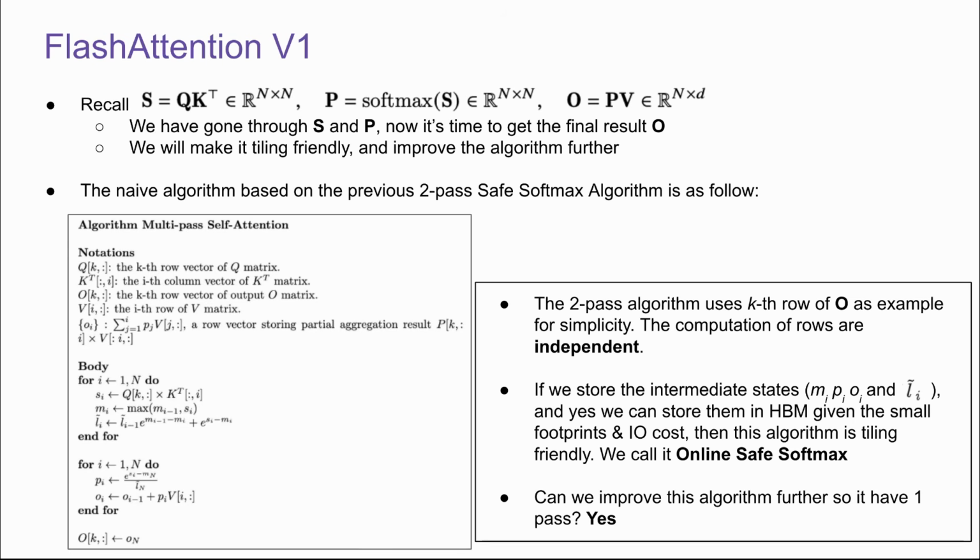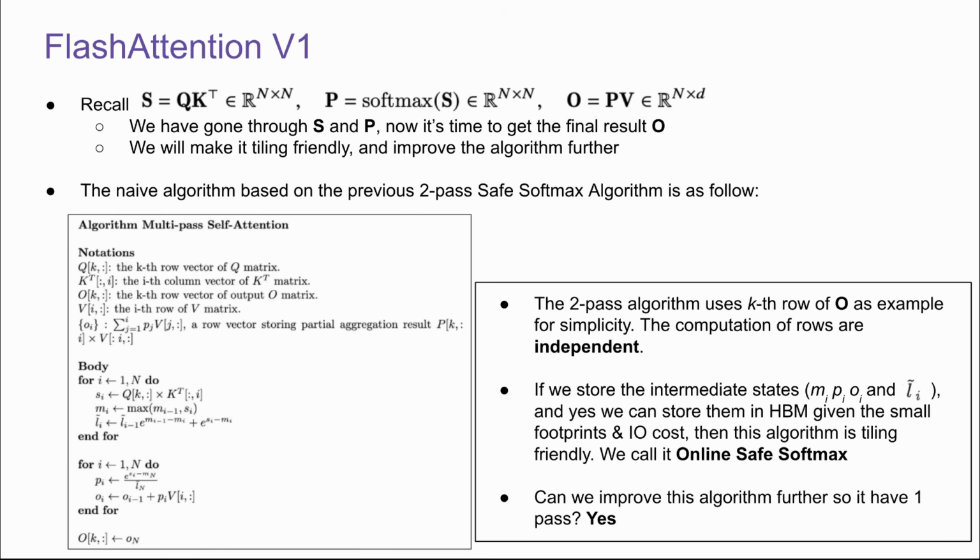However, the computations of different rows are independent, so for other rows it should be identical. If we store the intermediate states Mi, Pi, Oi, and Li hat, and yes, we can store them in HBM given the small footprint and I/O cost, then this algorithm is tiling friendly. We call it online safe softmax.